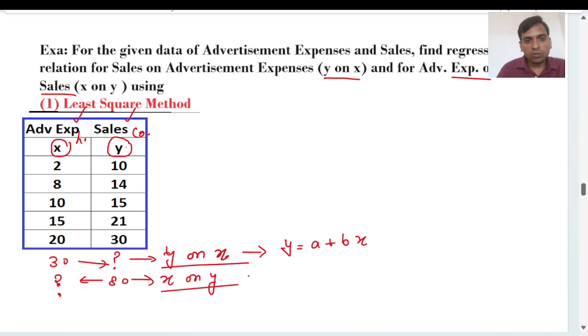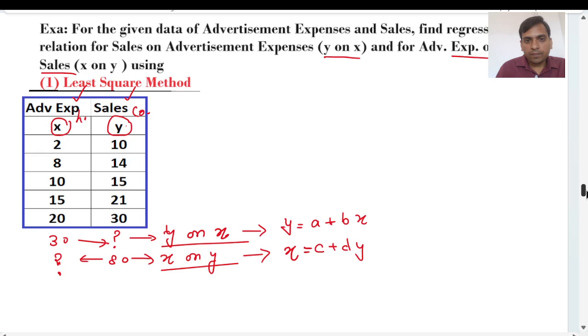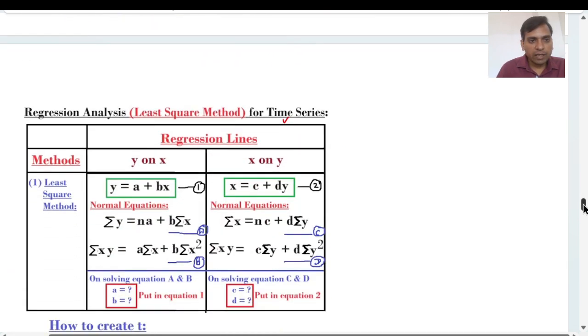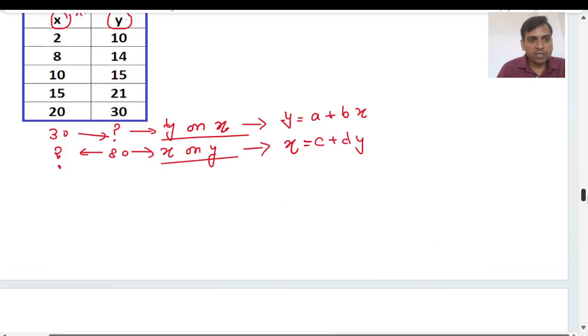And if we need to write this equation in terms of X on Y, then we will write X equals A plus BY, or simply we can write C plus DY, where A and C are fixed and B and D are coefficients for these variables, right? So this is the format for regression analysis for such kind of cases.